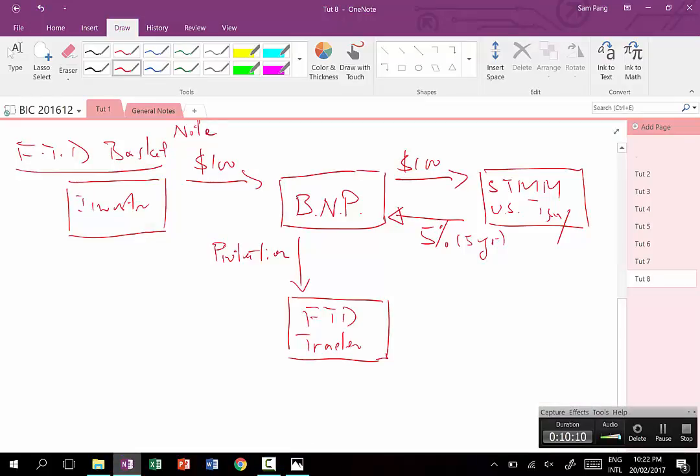So what happens when you buy a note like that? So you've now bought an FTD, first to default basket note, okay, basket note, and the FTD trader will pay you a certain spread. What is that? I'll come to that in a moment.